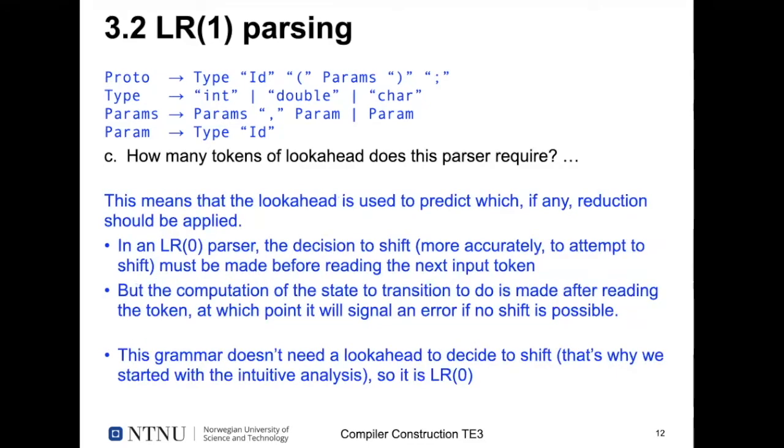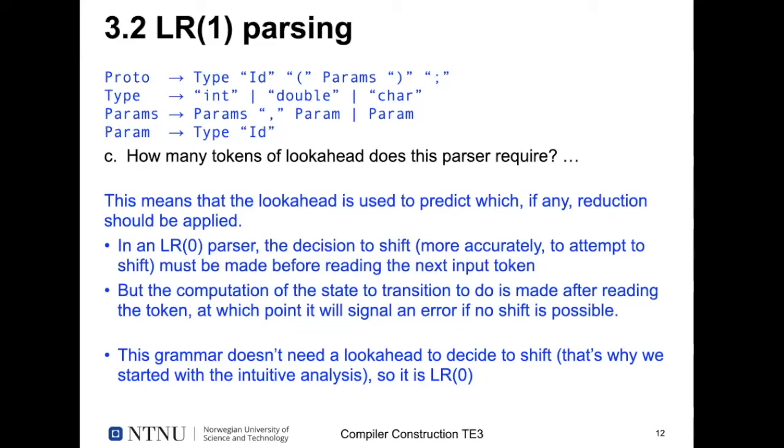So what does this mean? This does mean, in other words, that the look-ahead is used to predict which reduction should be applied, or if a reduction should be applied at all. So in the LR0 parser, the decision to shift or to attempt to shift must be made before we read the next input token, but the computation of the state which we are going to transition to is made after reading the token.